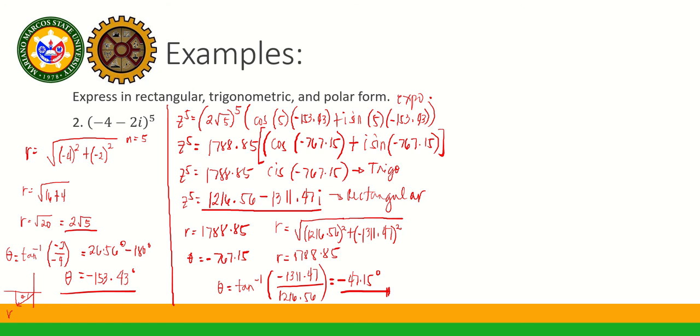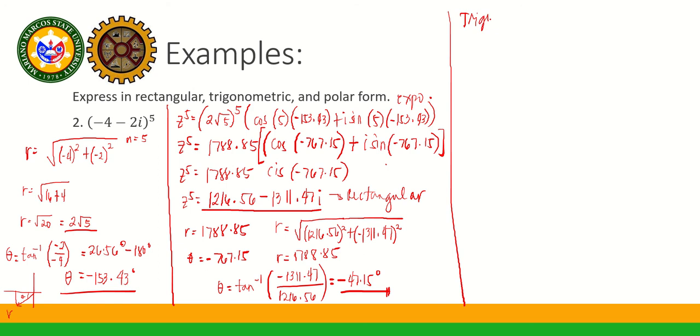So, parehas lang sila. Okay? So, ito ngayon yung gagamitin natin, yung mas makatotohanan na angle. Okay? So, that is the rectangular and trigo. Yung trigo natin is palitan natin. Okay? So, we use this to solve for rectangular.